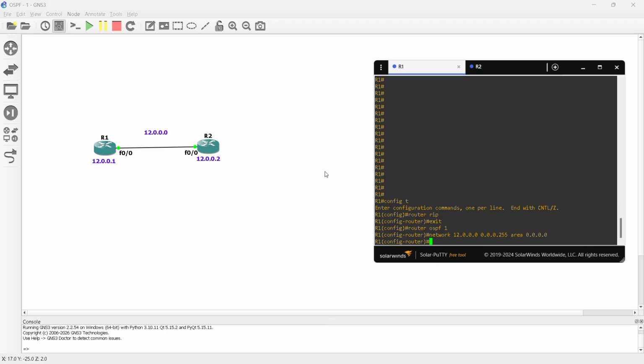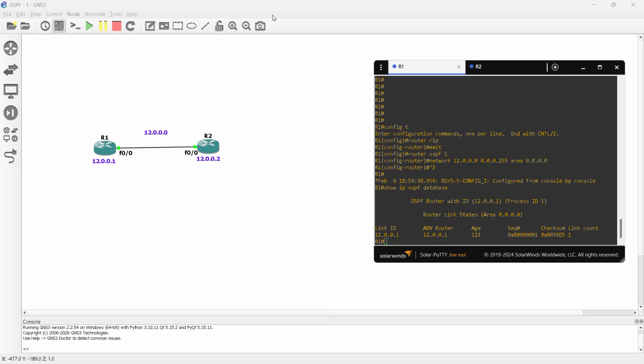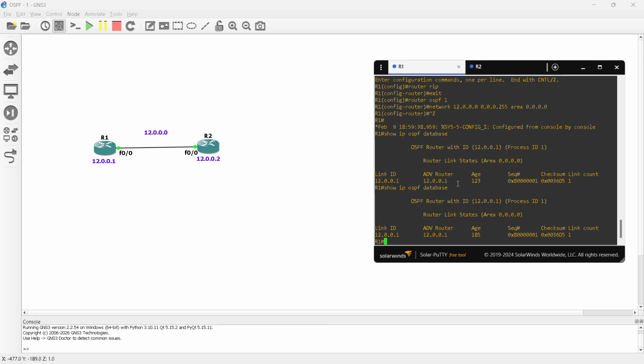So let us see the database for it. The command is show ip ospf database. The very first thing that we encounter is the router ID on the router.